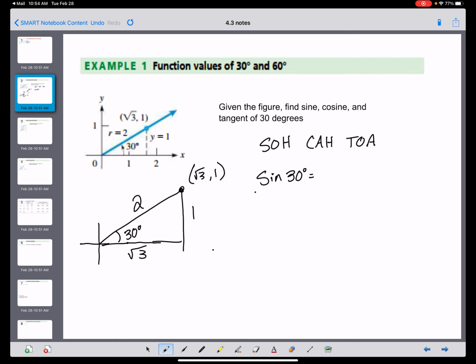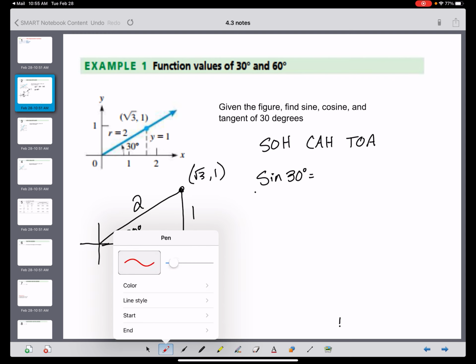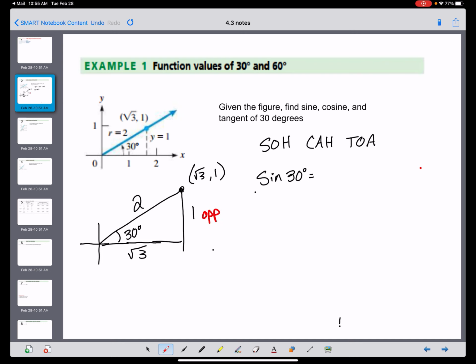It's 30 degrees in this case, so sine of 30 degrees would be the opposite. We have opposite, adjacent, hypotenuse. All right, so 1 over 2.